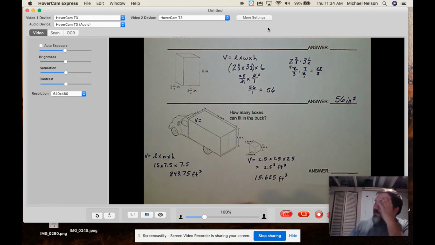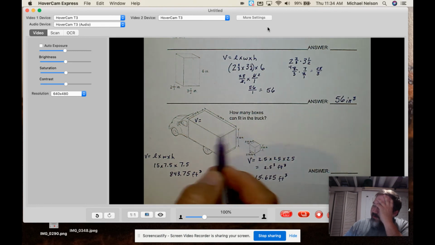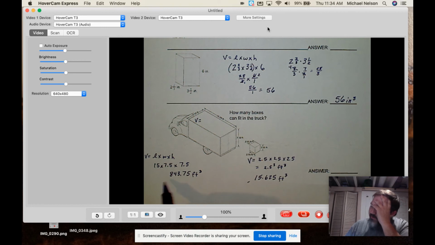Now, what do we do with these two? Well, remember, you're trying to figure out how many of these go in there. So it's kind of like if this was full, you'd take this off each time, right? Put this on, so you're basically figuring out this times what equals this, or in reverse, this divided by this number equals what.